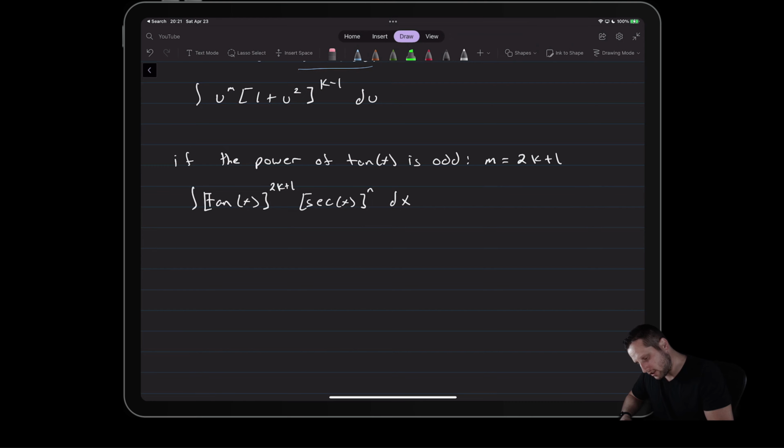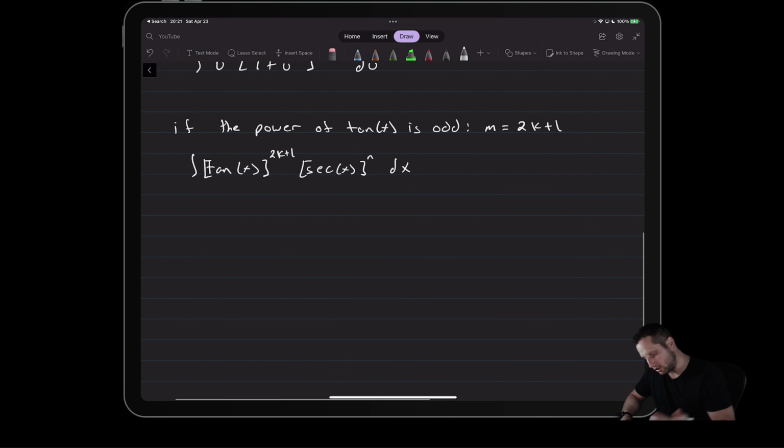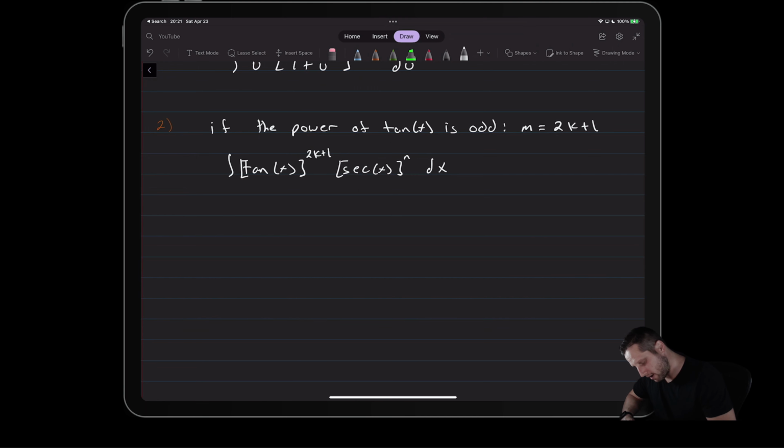And on this tangent, the exponent is just going to drop down to 2k. And for secant, the exponent is going to drop down to n minus 1. So again, if you're working a problem, then these will be numbers, and it's not going to be variables. So it'll be a little bit easier for you to see.